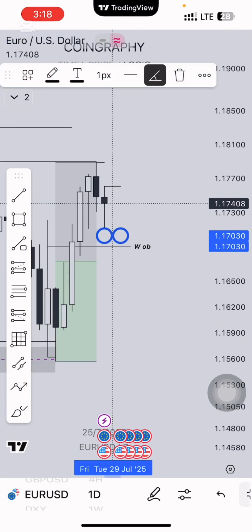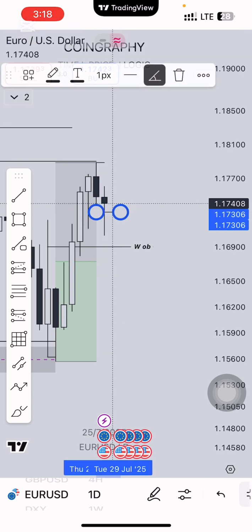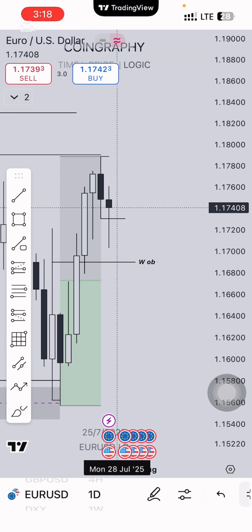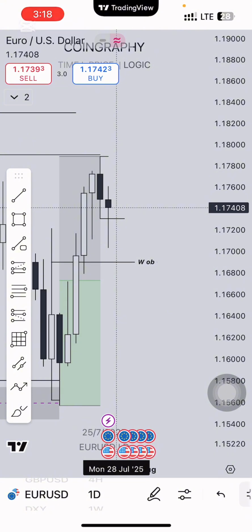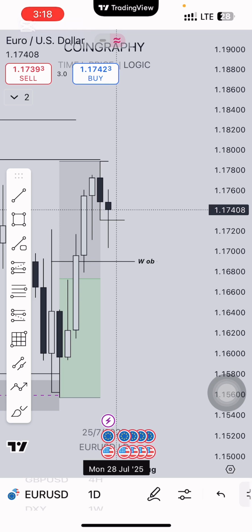But I'm still going to keep an open mind because we don't know what the market could do. The market could complete the CLT. So we're going to stick with that because that is what we know for now. We don't know what price will do on Monday. Remember, we don't put our prediction on the market.